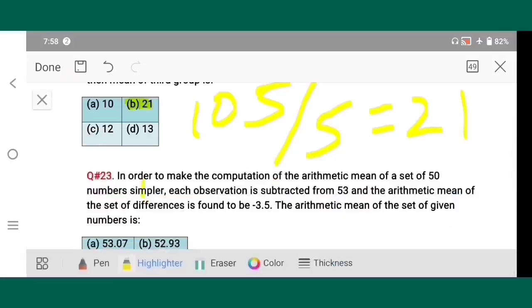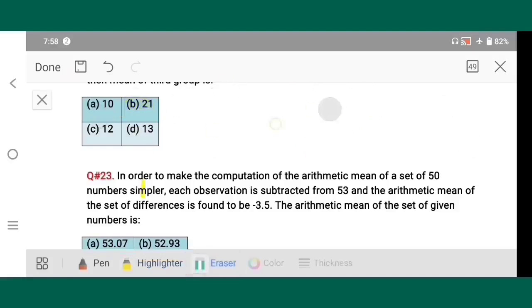So clearly 53 must be added to each one of those numbers whose arithmetic mean is minus 3.5. So the arithmetic mean will be increased by 53. So required arithmetic mean will be equal to minus 3.5 plus 53.